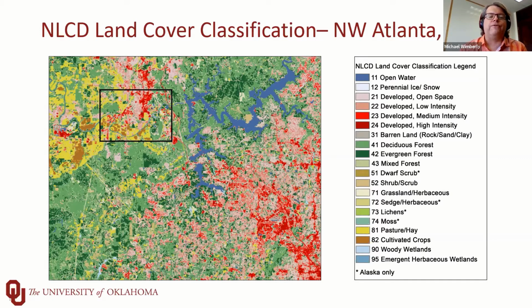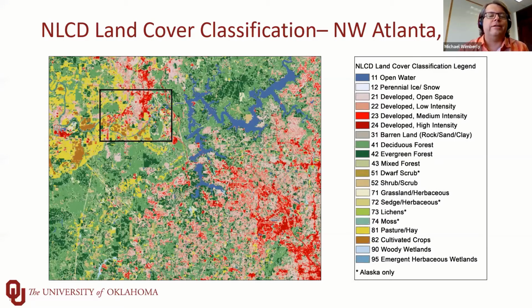And you can see a variety of patterns here. The reds are developed areas, cities, buildings, roads. Green are forests. Yellow is pasture hay. Brown is cultivated crops.